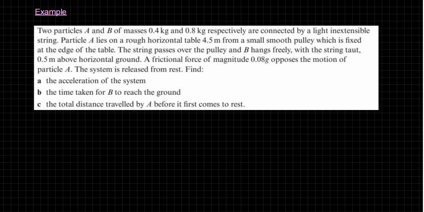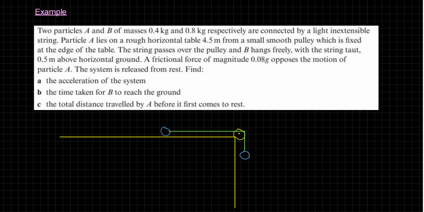So first things first, let's draw the diagram. There's our table and pulley. There's our particles with the strings connecting them, and then the final thing is the distances. So this part here is 4.5 meters, and this gap, isn't it?